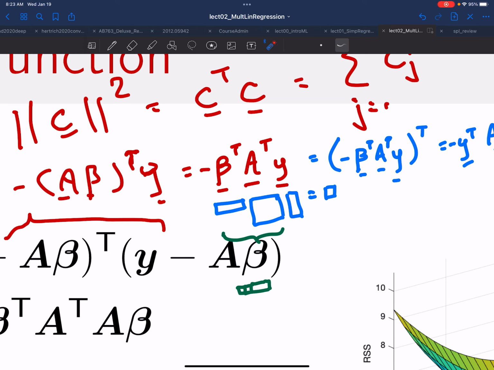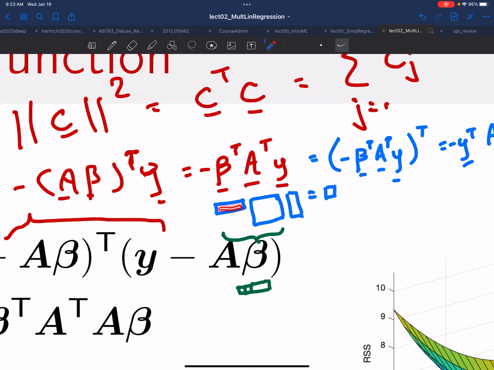Another way is to just look at the dimensions of the product of matrices. First of all, you have to make sure that the matrices have the right sizes so that they can legally be in a product. Sometimes you can write things down that don't make sense. But in this case, everything is well defined.